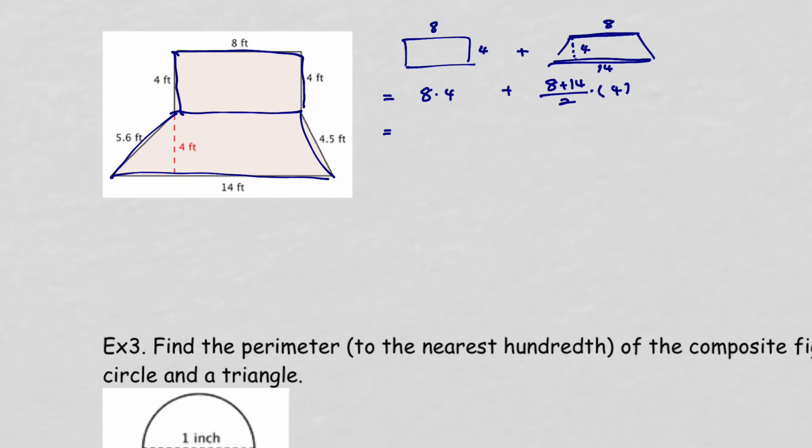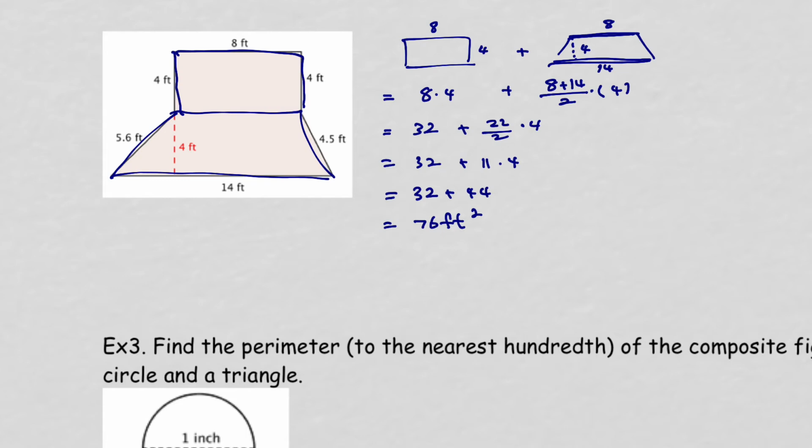Once you find the area of both shapes, add them up, right? So that's going to give you 22 over 2 times 4. So that's going to be 32 plus 11 times 4. That's 44. When you're adding those two, it gives you 76 square feet, because it's area.